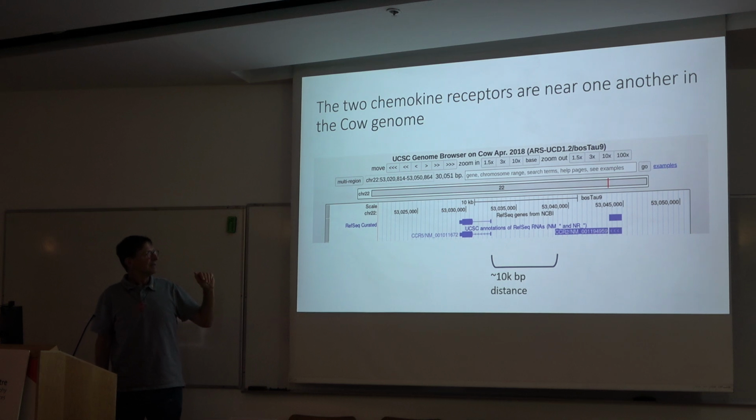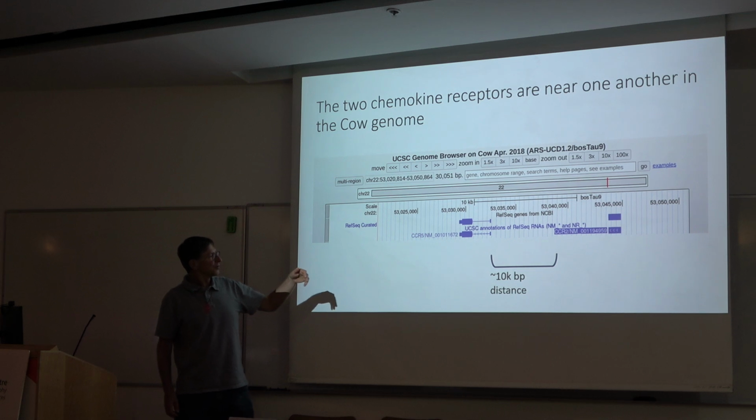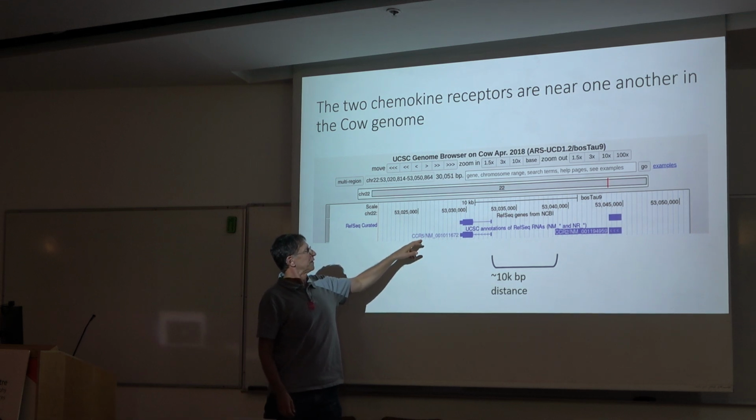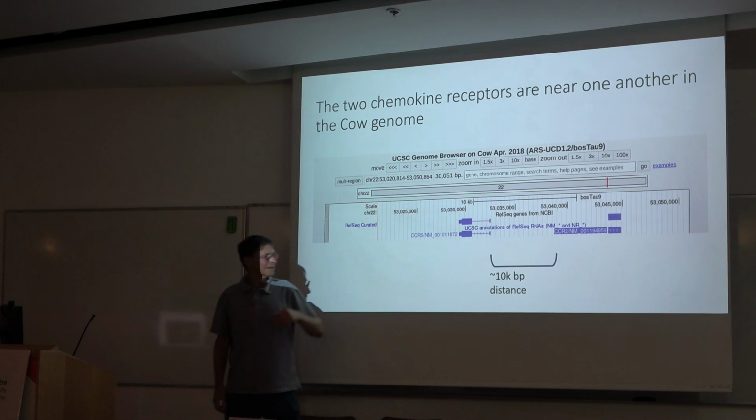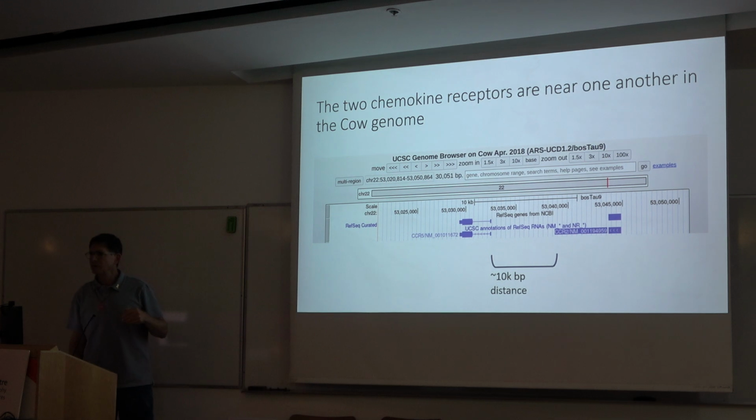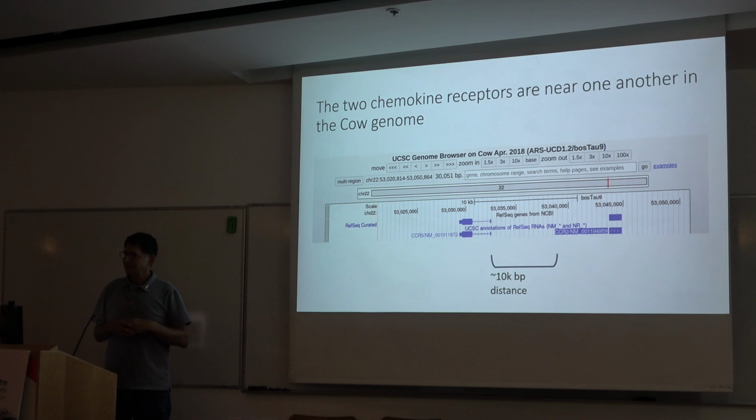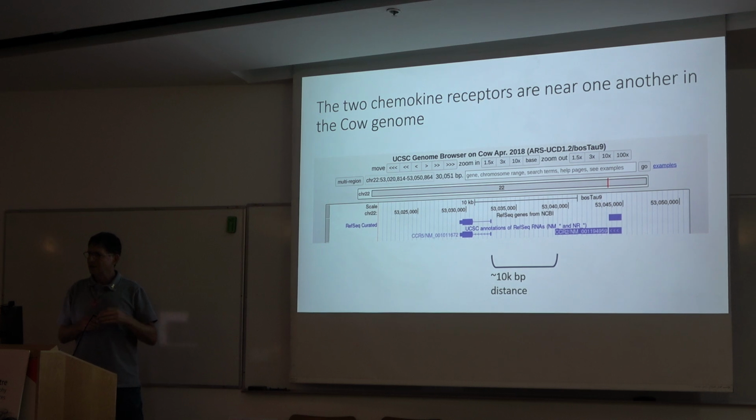Another thing is their order. Here you see that chemokine receptor 5 is on the left, and chemokine receptor 2 is on the right. This is conserved. We looked at 30 different representative genomes, and in all of them the order is the same. And again, I'm calling up the evolutionary conservation argument: if the order didn't matter, then maybe it would flip.